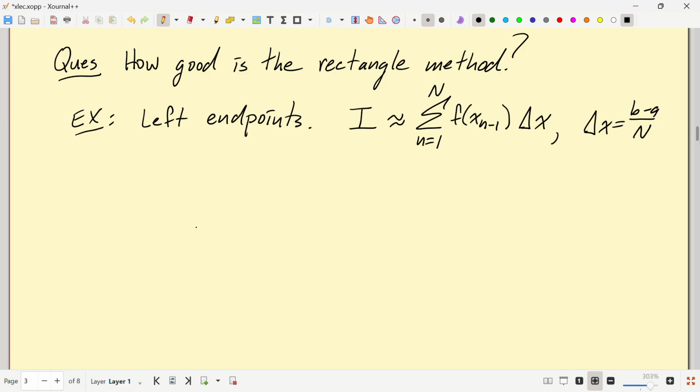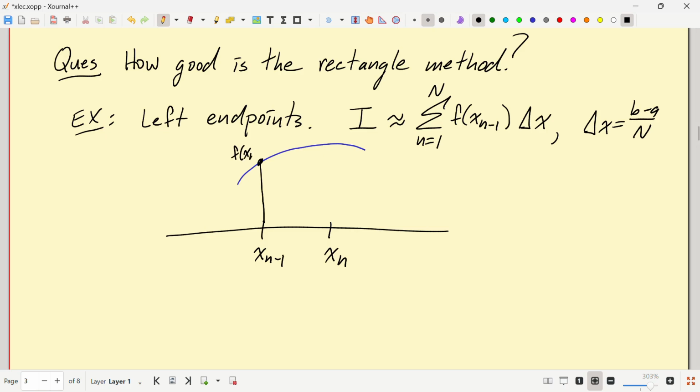And so if you think about one of the intervals, we'd have here x_{n-1}, x_n. Our function is doing something up here. And we're approximating by this rectangle. This is an f of x_{n-1}. And so our approximation to this area under the curve is the area of this rectangle.